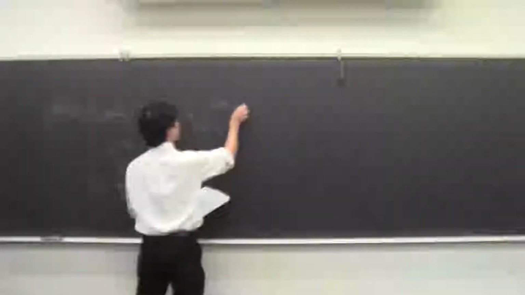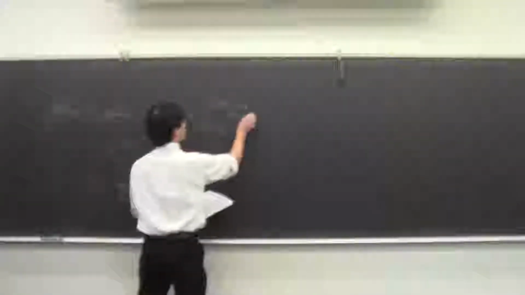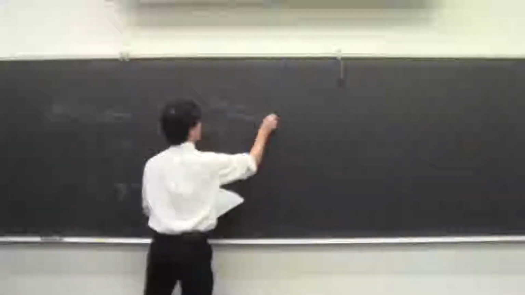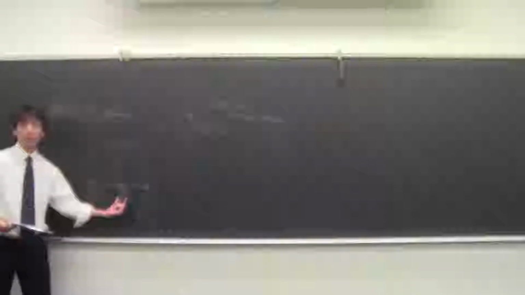And so the volume is going to be the integral from a to b of the area of the cross section, A of x, dx. You sum the volumes of the disks, take them all together, and that's your total volume.